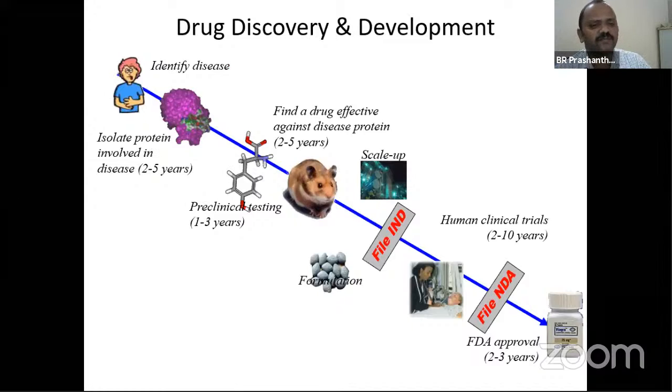Everyone knows that first we identify the disease on which we have to do the drug research. That disease is a manifestation based on the symptoms. The symptoms are in turn connected with the biochemical pathways, because these biochemical pathways get disturbed, maybe because of accumulation of more or less of the metabolites, and you find some kind of disturbance in the state.